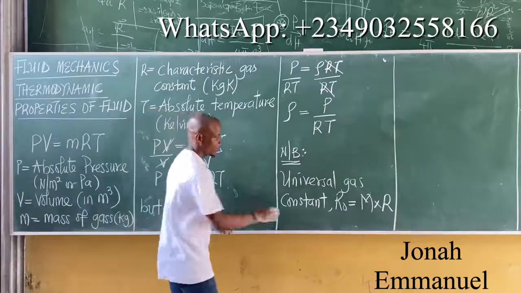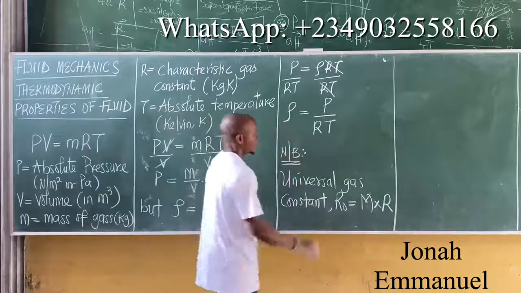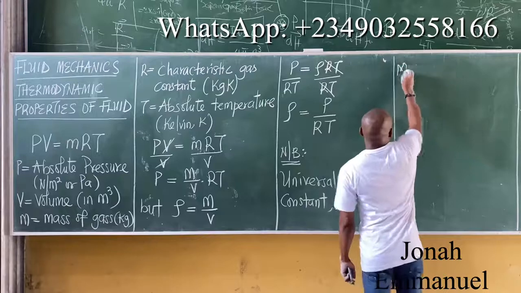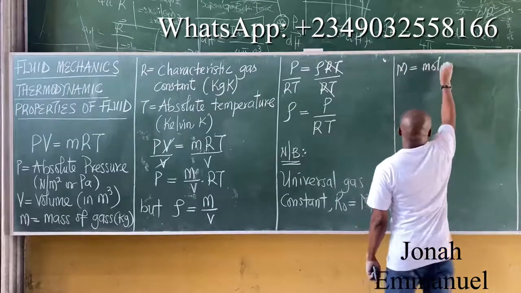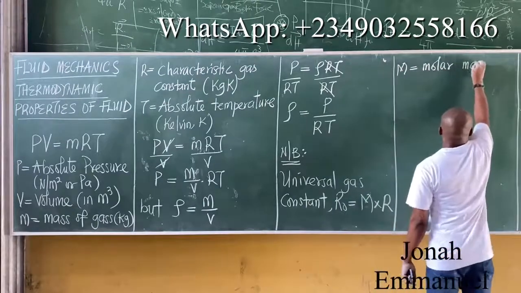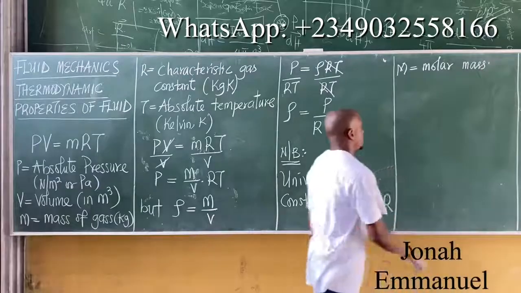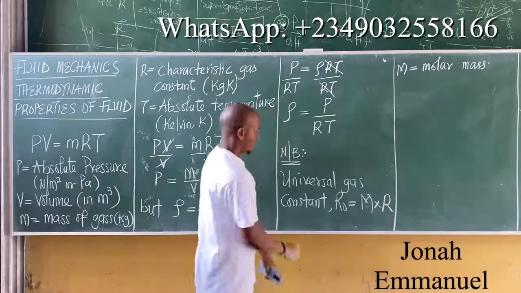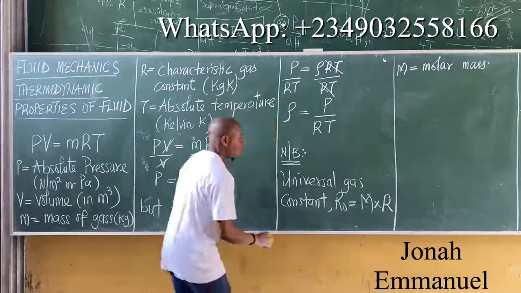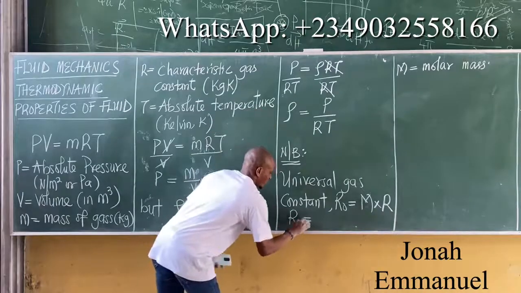M is equal to molar mass. If R naught is a constant, what's its value? Please take that.